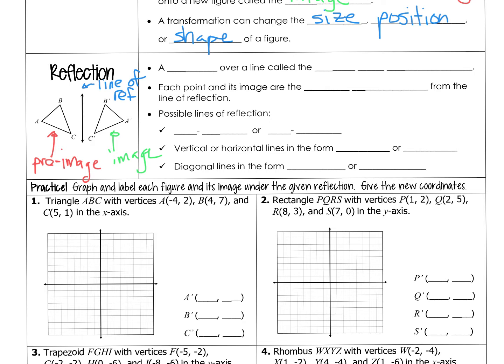So let's go ahead and fill in these items. So a reflection is just a flip. We don't like that word in high school because it's a middle school word. We would prefer you say reflection, but a reflection is essentially a flip. It's a pancake flip over a line called the line of reflection.